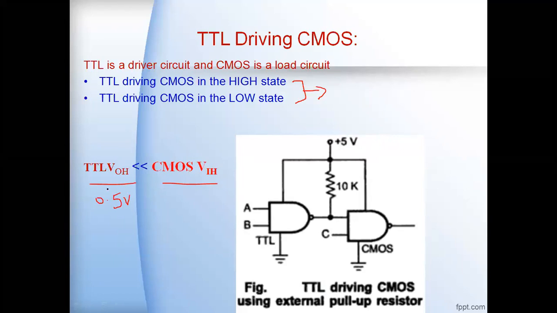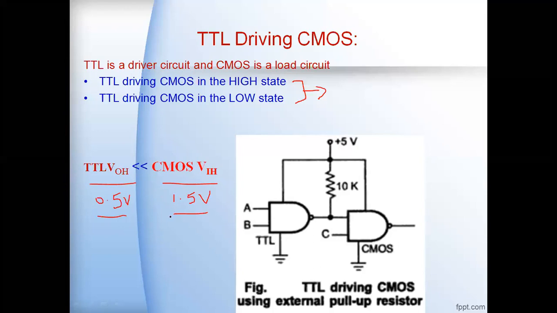This output voltage has to drive the CMOS low voltage input. The CMOS VIL rating is 1.5 volts here. So the output voltage is 0.5 volts, but the CMOS input requires 1.5 volts. Now, how can this TTL gate drive this CMOS input? It cannot.